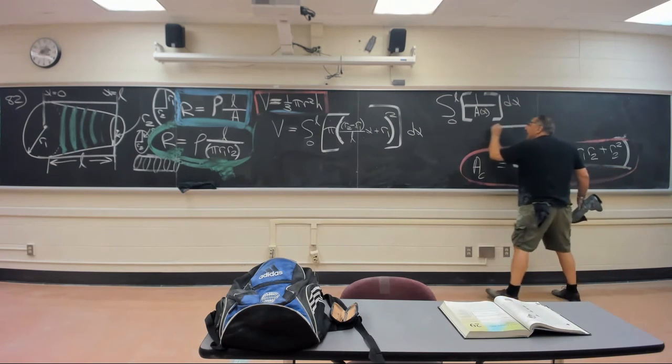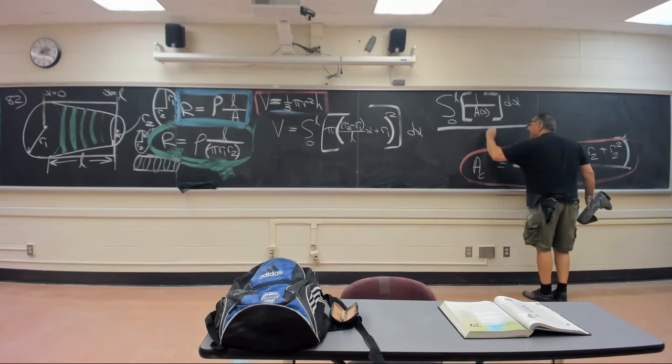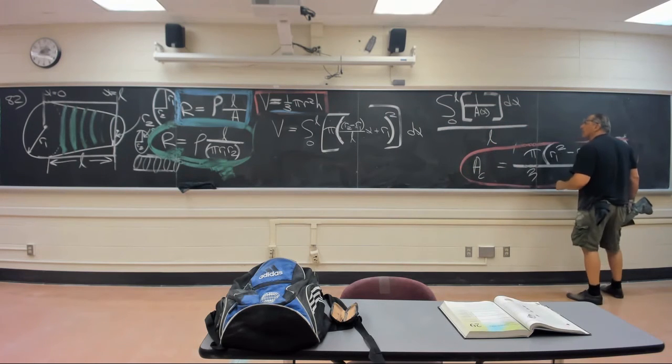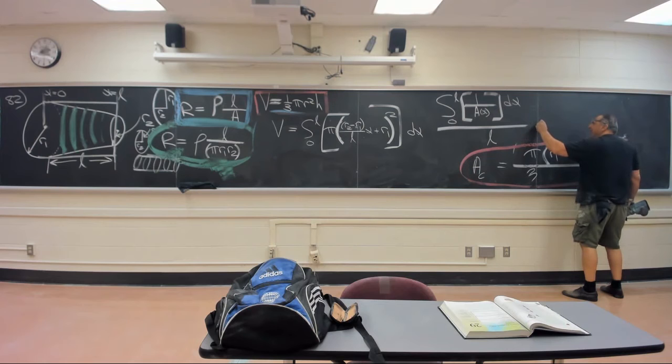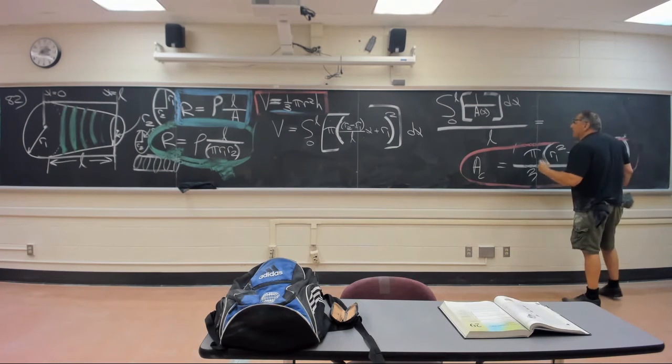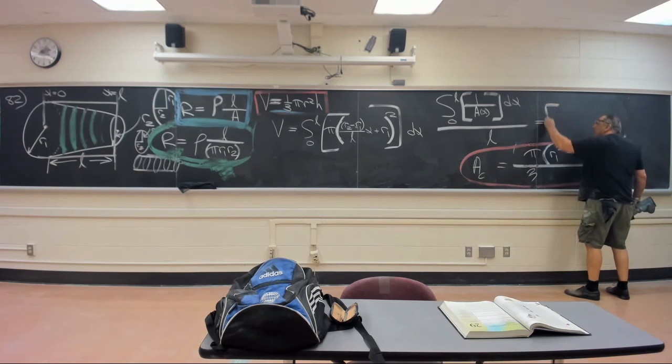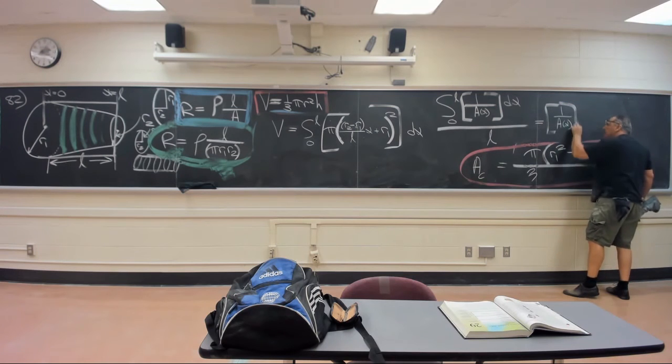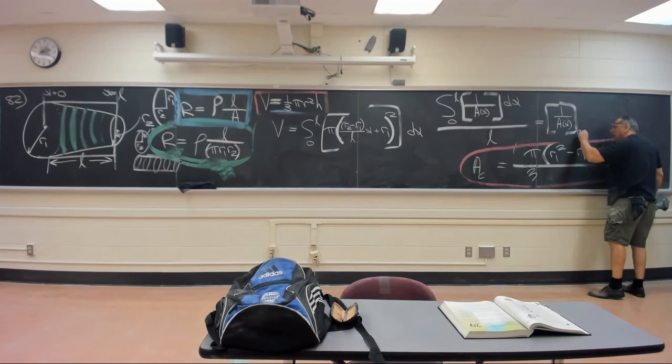When you're done with that, you're going to divide by L, and by the mean value theorem, you're going to get 1 over A of X, the average of that function.